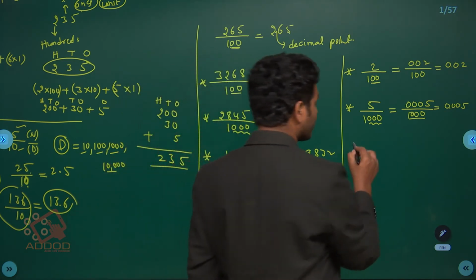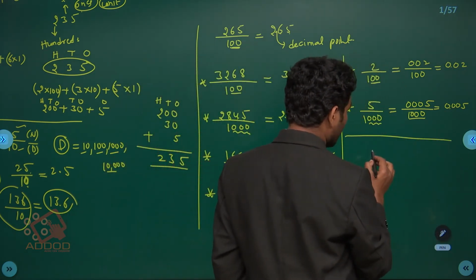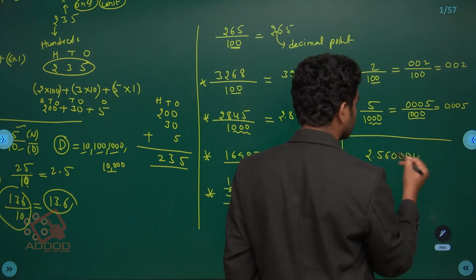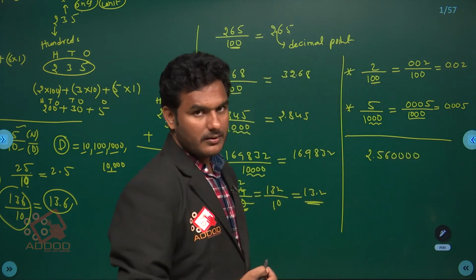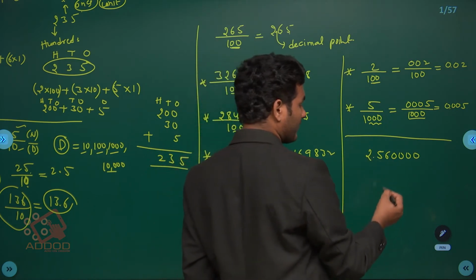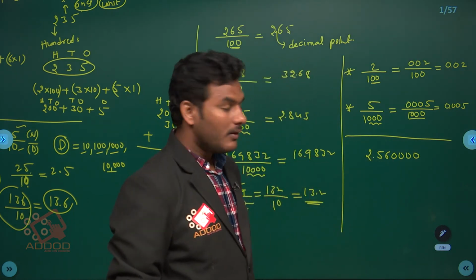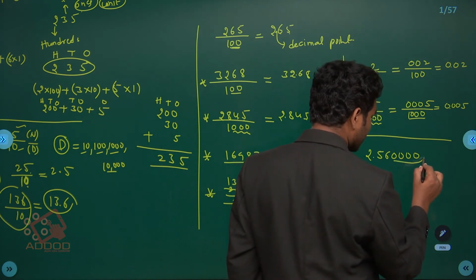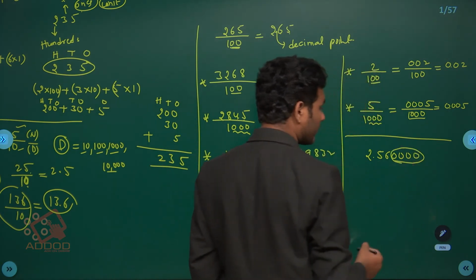And the next thing, for example, 2.560000. We are having a value like this. So 2.56. Remember one thing: if the final digits are zeros, for those zeros there is no value.